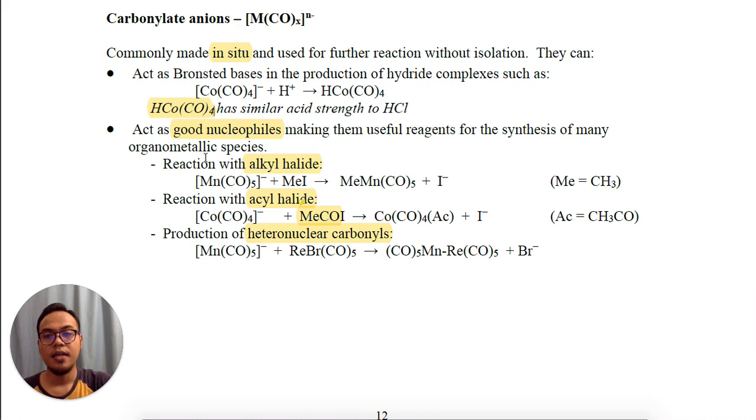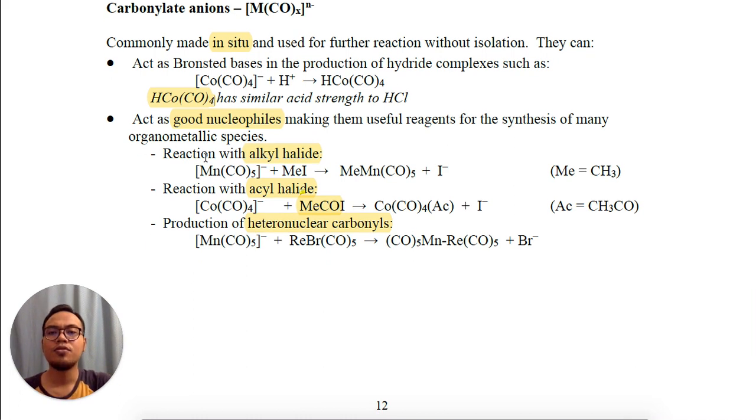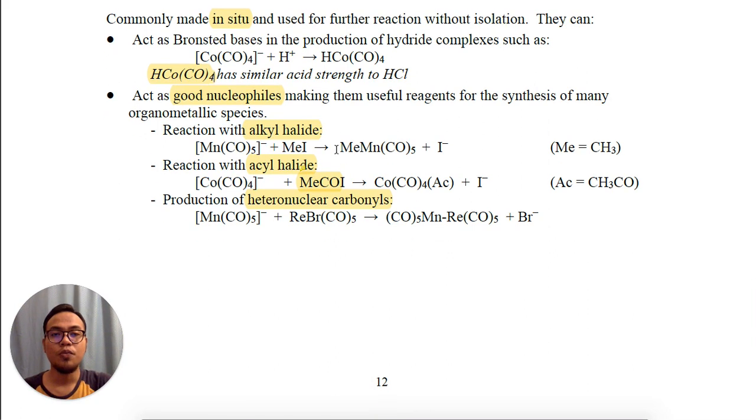Okay, and second, it can act as a good nucleophile. So in organic chemistry, I am pretty sure that you had learned what nucleophile and what electrophile is. So let us see how this works in our syllabus. So of course, with certain reagents, we can form other complexes. So first, it can react with alkyl halide.